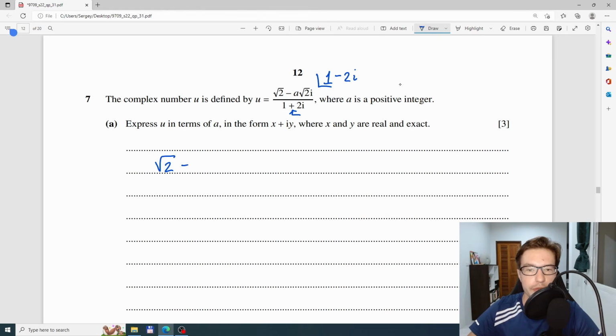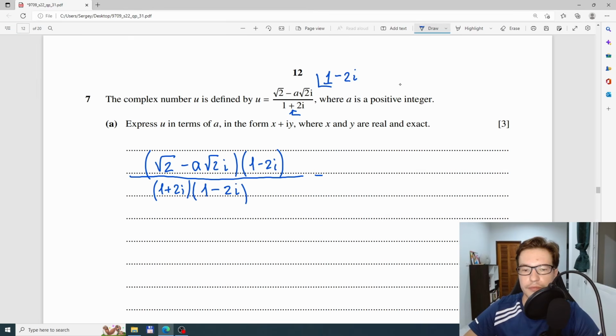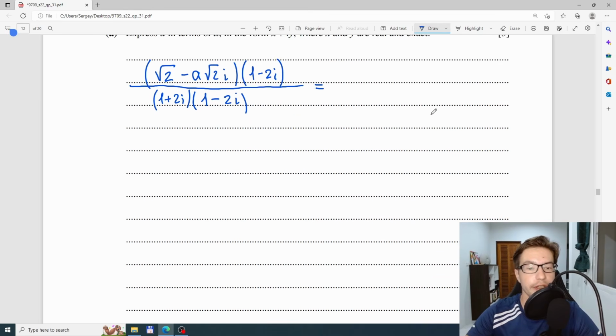And our fraction becomes square root of 2 minus a square root of 2i times 1 minus 2i over 1 plus 2i times 1 minus 2i. Now, why does this technique work?